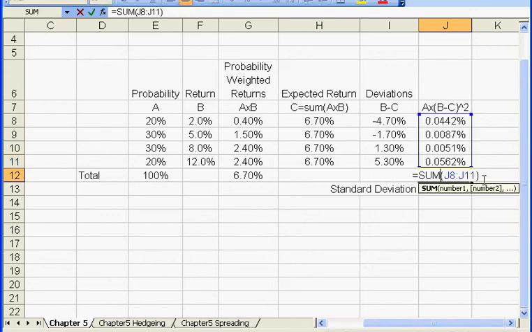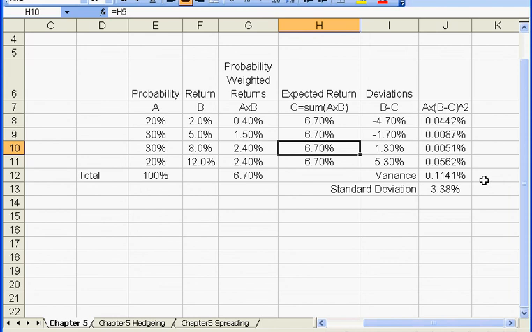That's the variance of all these random returns. But you can see this variance is not really in the same unit as either the expected return or the random returns, because I squared them.